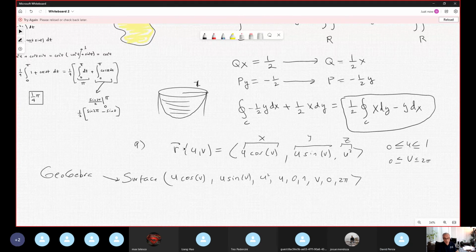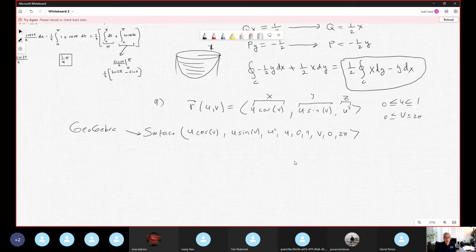Now the goal is to compute the surface area. Therefore, you need to convert my problem into one surface integral like that. Surface integral. This is my integrand function. And here is dS, capital S, because this is an infinitesimal surface, right?